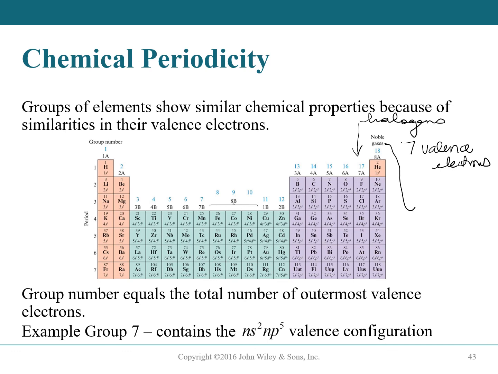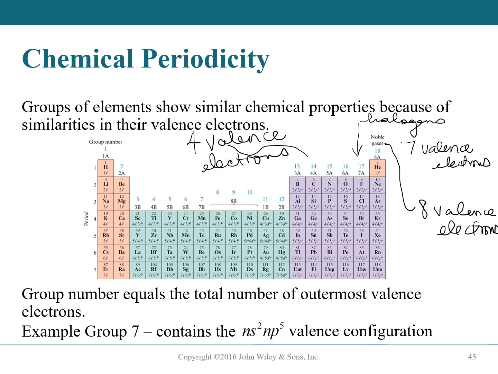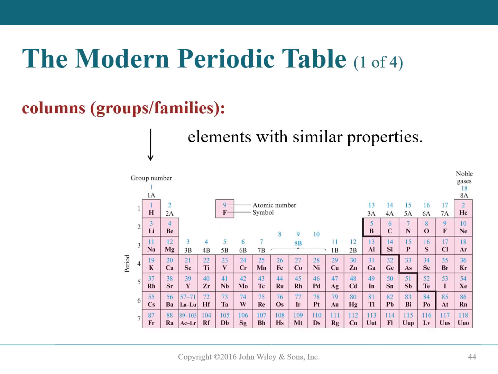Your noble gases, they have 8 valence electrons. Okay. What about everything in group 4A? All of those have 4 valence electrons. Okay, so we can now look at the periodic table and know how many valence electrons there are. So it's the total number of outermost valence electrons, and that's the same as your group number.